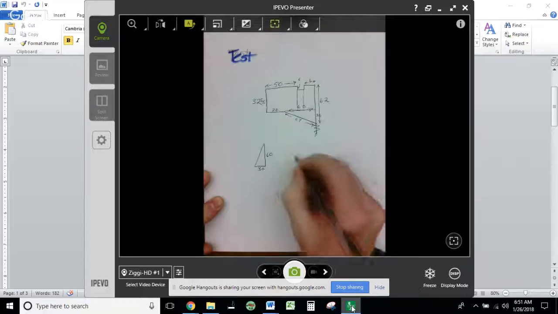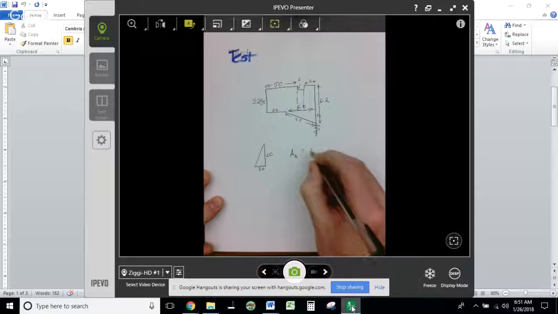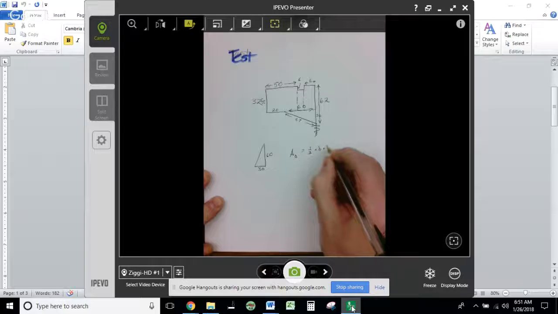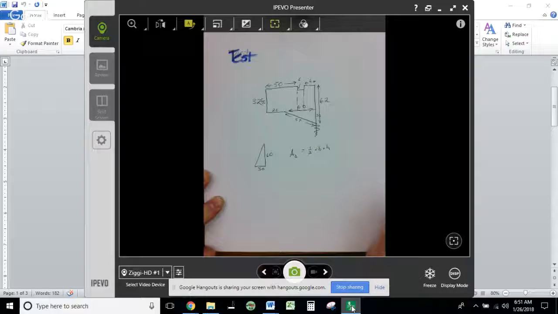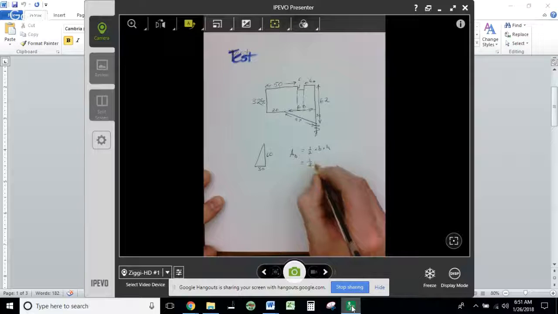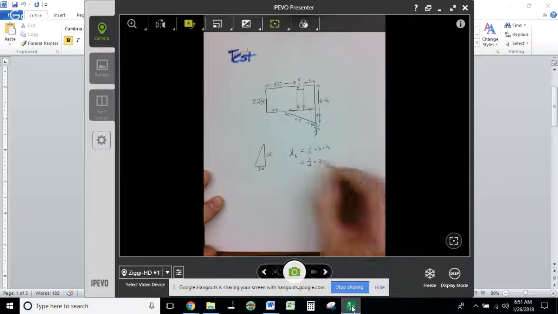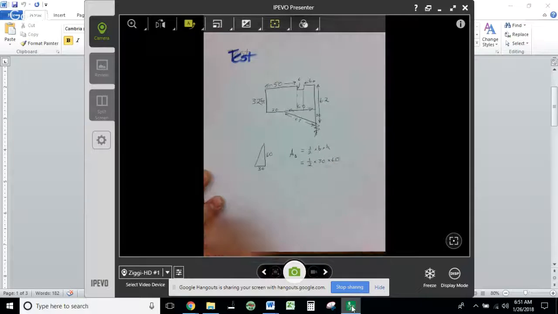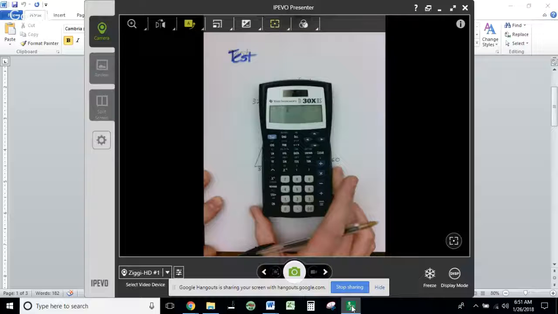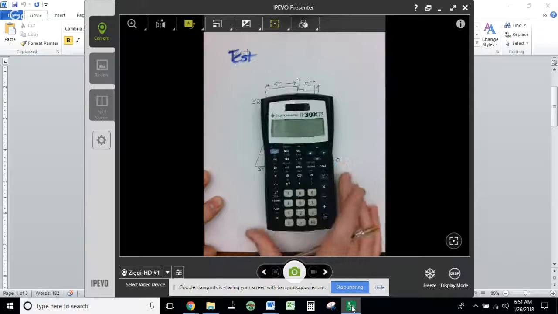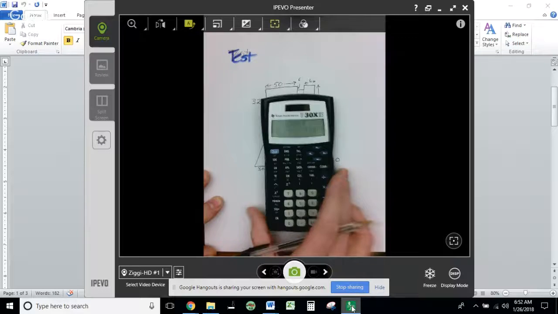We can find from our area formula that area of a triangle is equal to 1/2 times base times height. So in this case, we would have 1/2 multiplied by 30 multiplied by 60. Okay. Plugging that in on my calculator, I have 1/2 or 0.5 multiplied by 30 multiplied by 60, and I get 900.